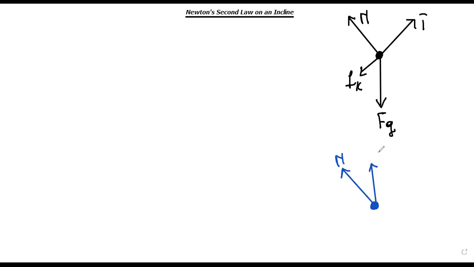So you can say it's F applied. You can say F applied on your free body diagram, or you can just write 40 newtons. It doesn't matter, but I'm going to say F applied. Then from this point, you have the tension force because it's being pulled downwards by block P.